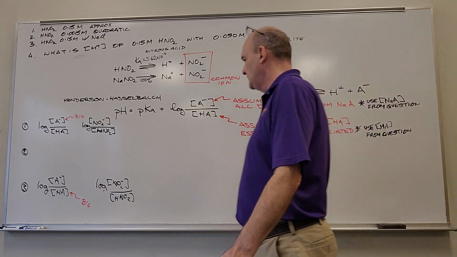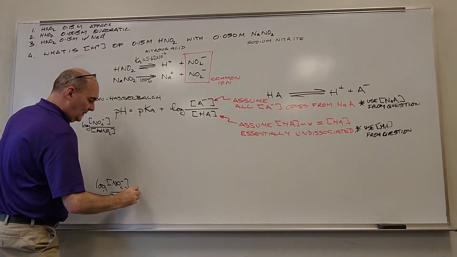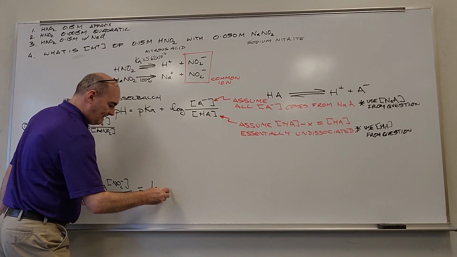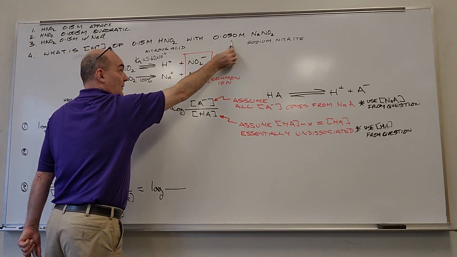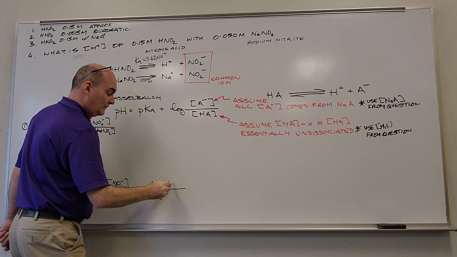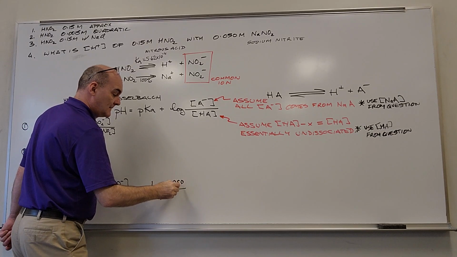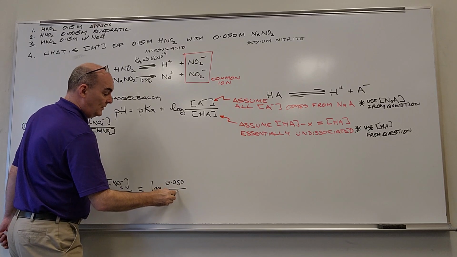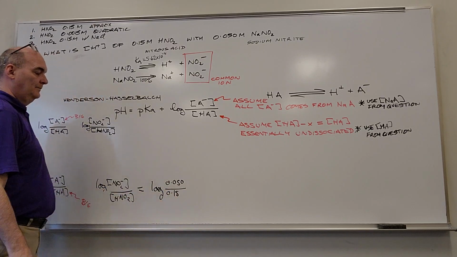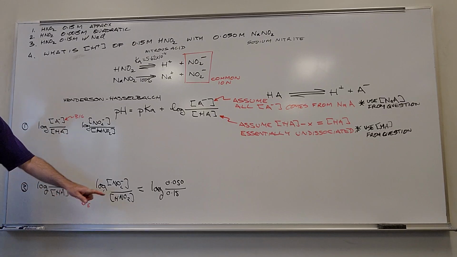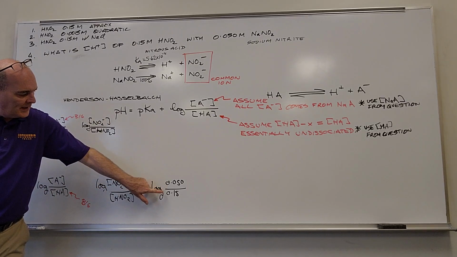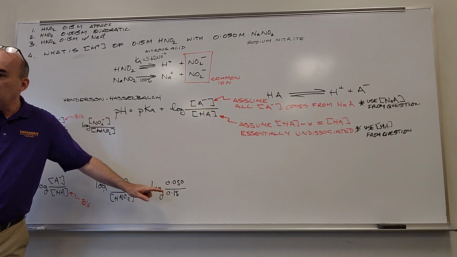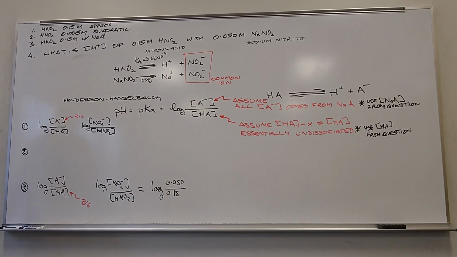Okay, so for us, with case number 3, it is log of 0.05 divided by 0.15. 0.05 divided by 0.15 gives me a number that is less than 1.